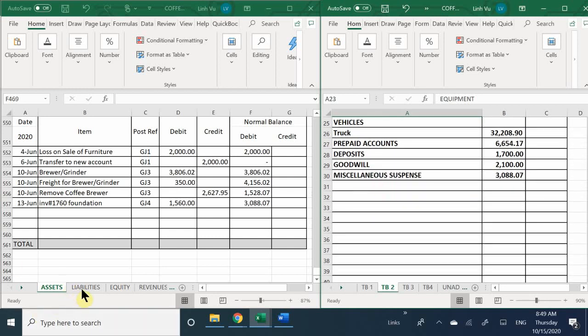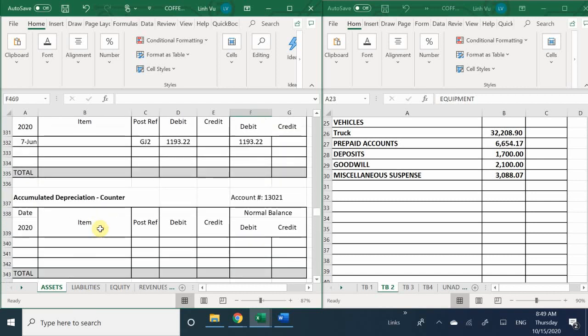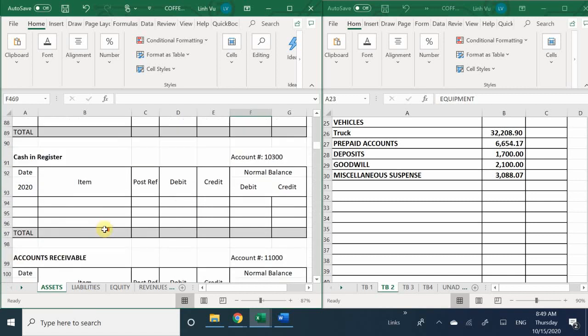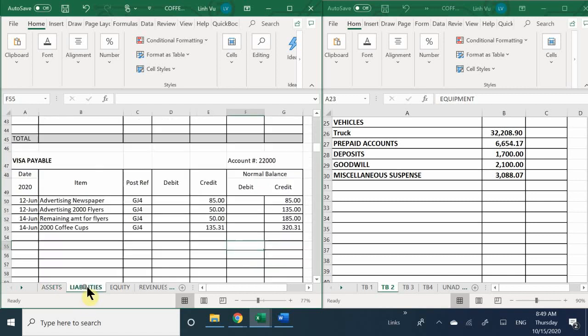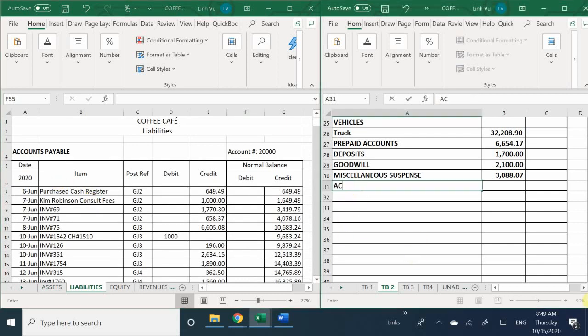The next one is going to be my liabilities. Here I've only incurred so many. My first one is a main account, my accounts payable. Because it's on the credit side, we're going to look carefully at what our credit is.